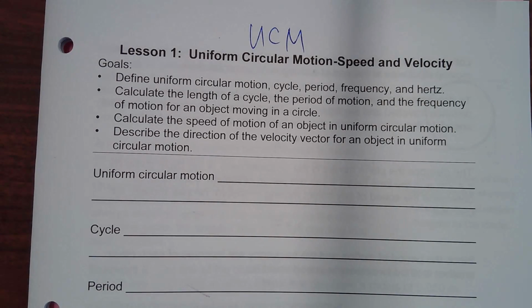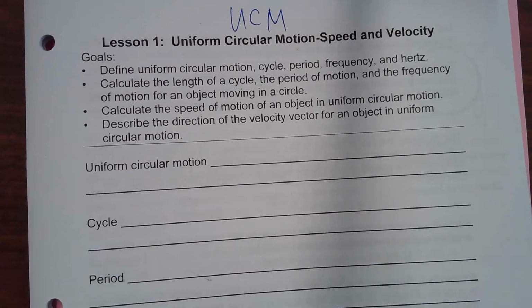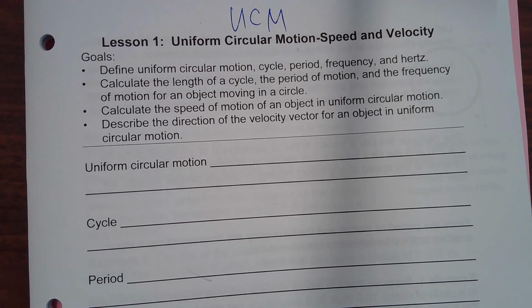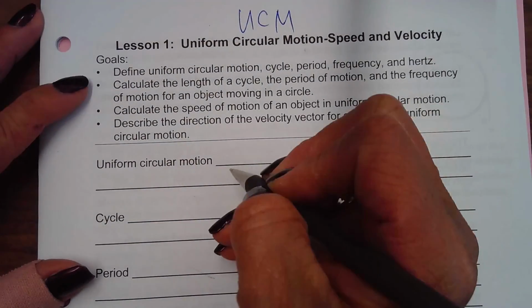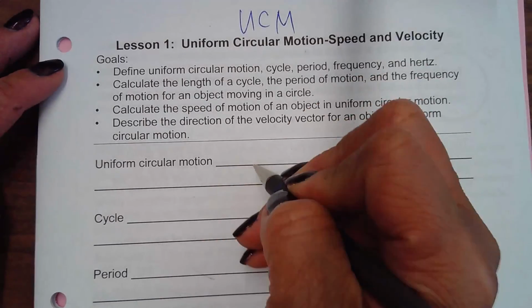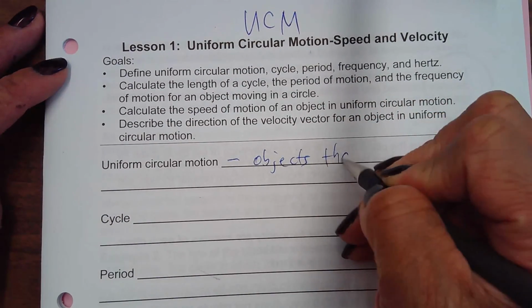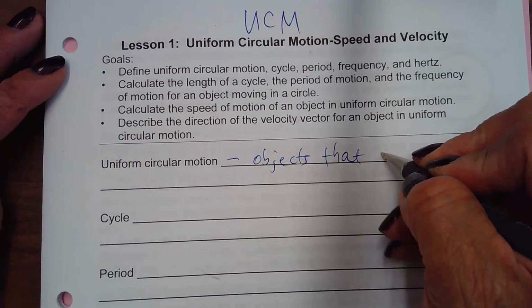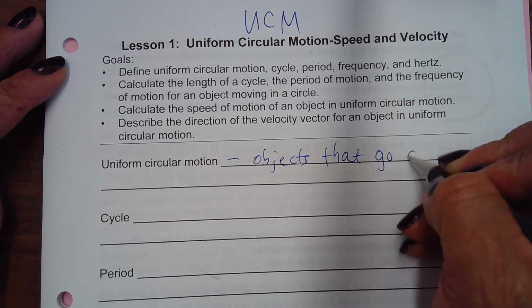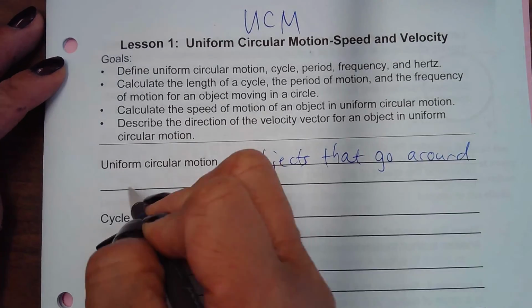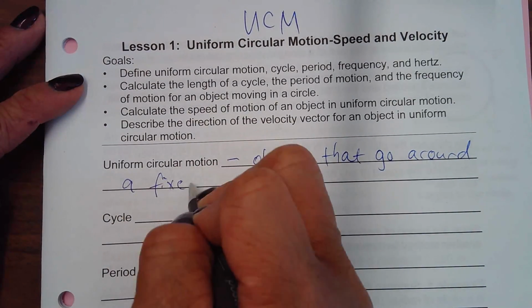So some vocabulary here. What does uniform circular motion mean? This is dealing with objects that go around a fixed point.